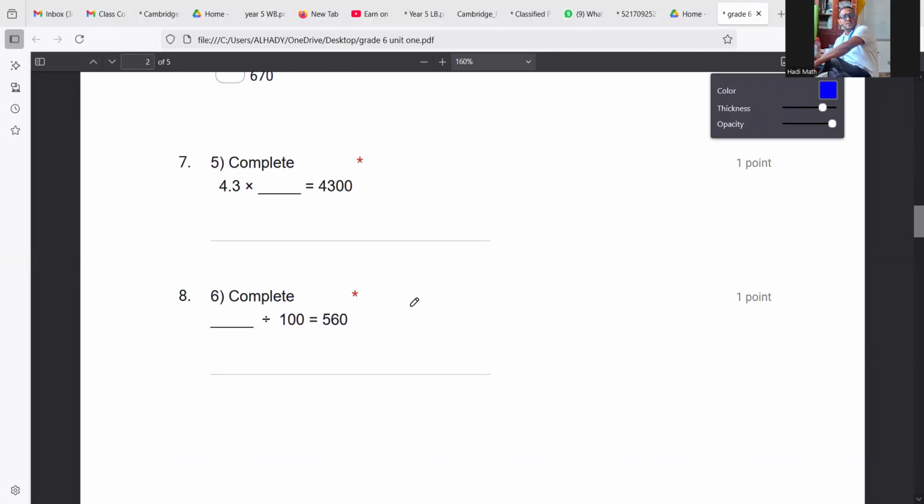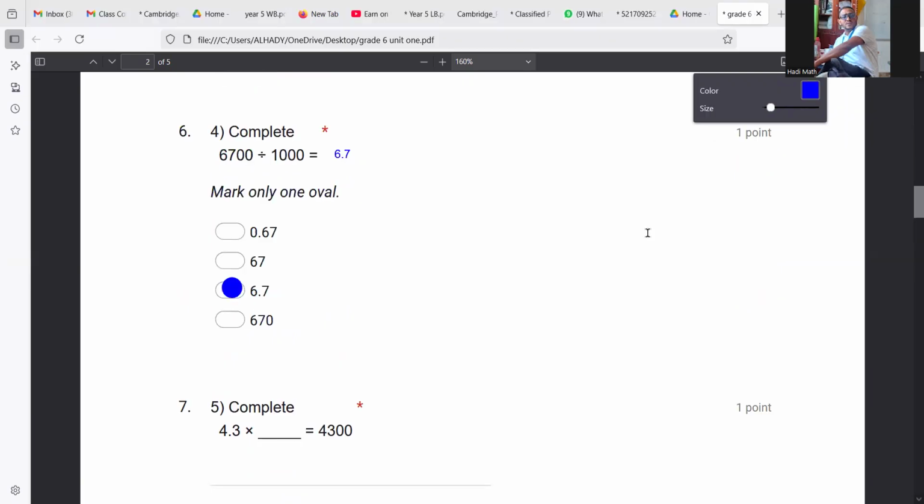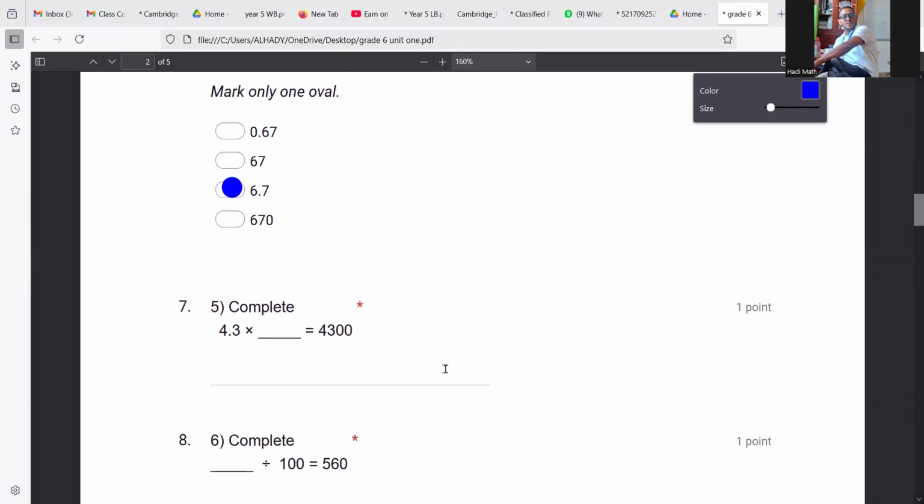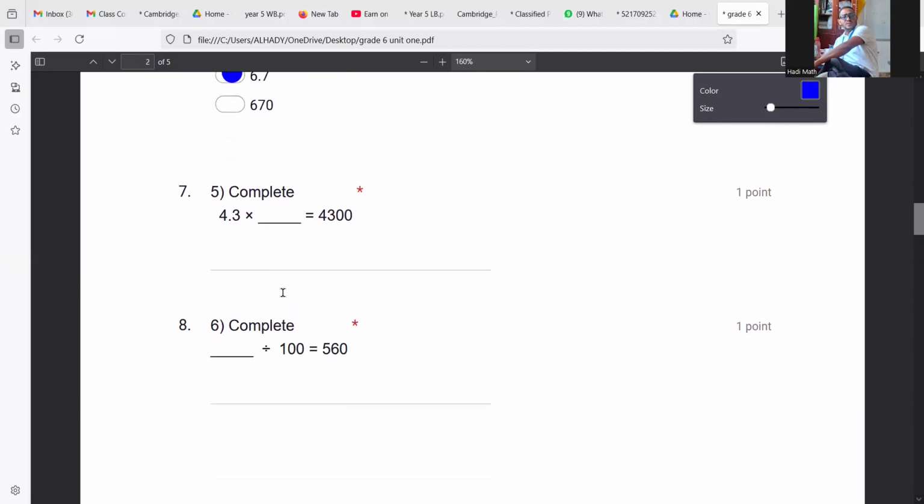Go to question number 5. They ask you to complete. We have 43 multiplied by a number is equal to 4,300. So it was 4.3. And look here, the decimal point has been removed and 2 zeros added.